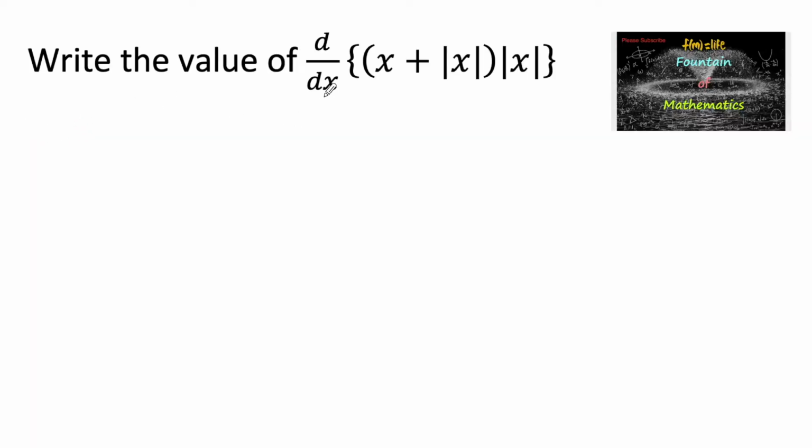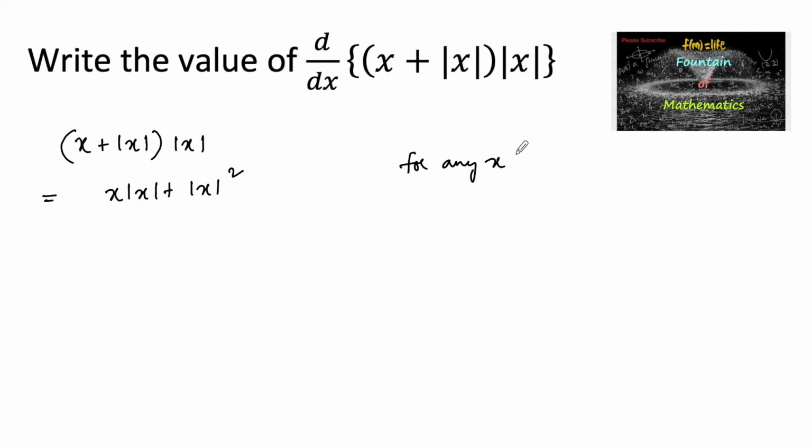Write the value of d by dx of x plus mod x into mod x. Let us simplify. First, x plus mod x into mod x is equal to x into mod x plus mod x into mod x, that is mod x square.